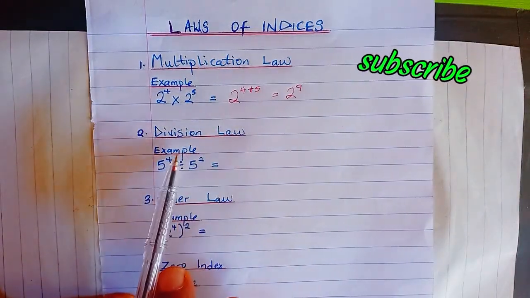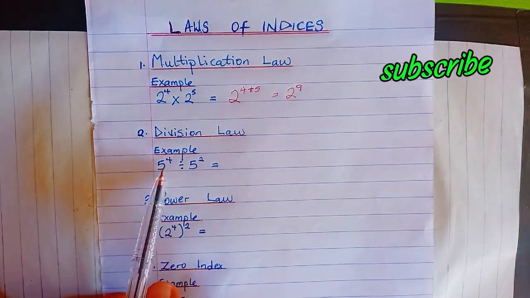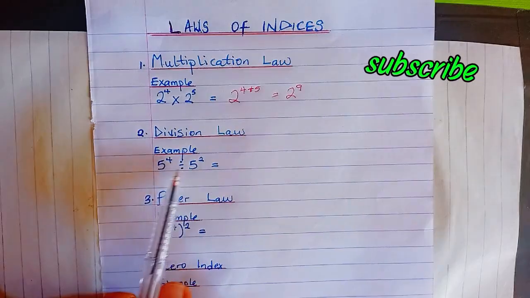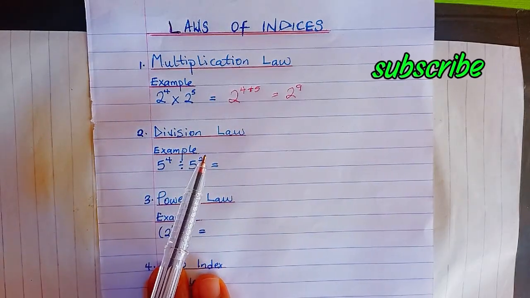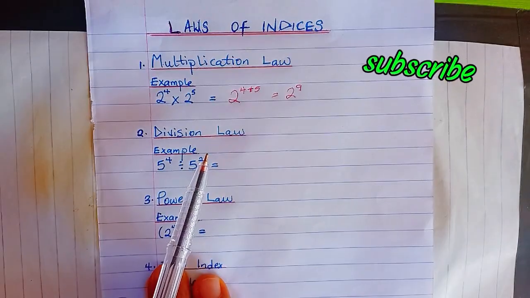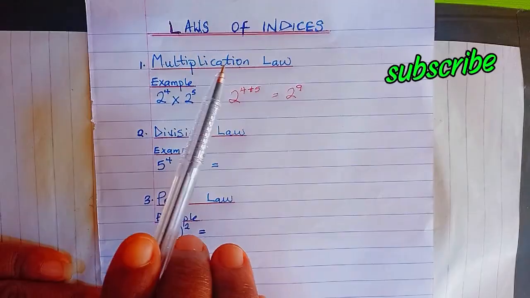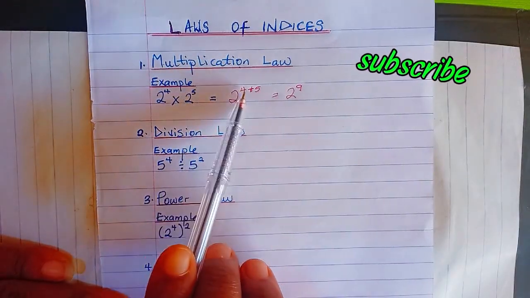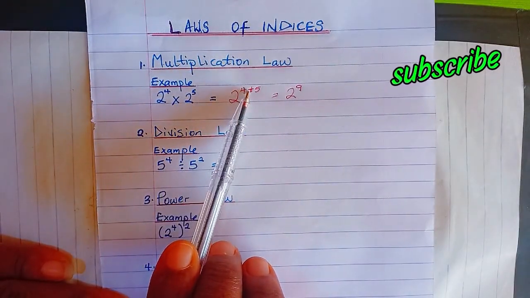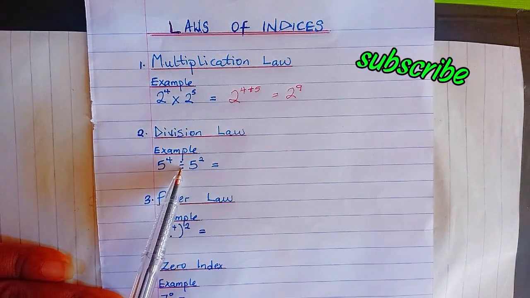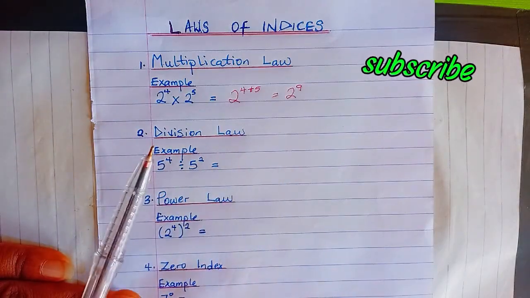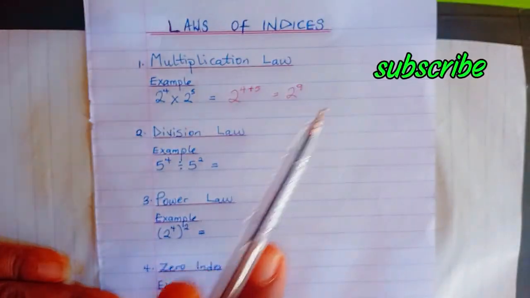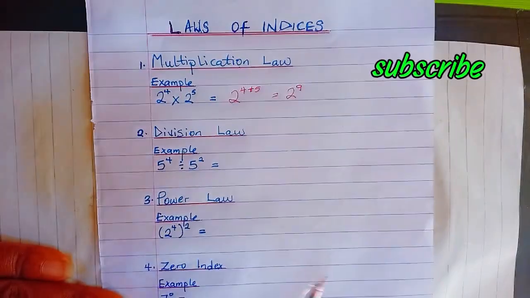So let's go over to division law. Here, once you are dividing numbers with the same base, you are going to subtract their indices. Remember, for multiplication, you are adding their indices, but for division, you are subtracting their indices once their base is the same or equal.